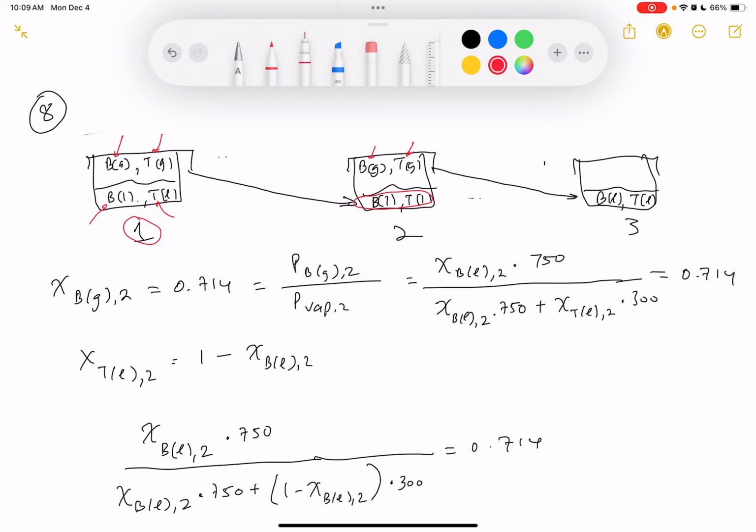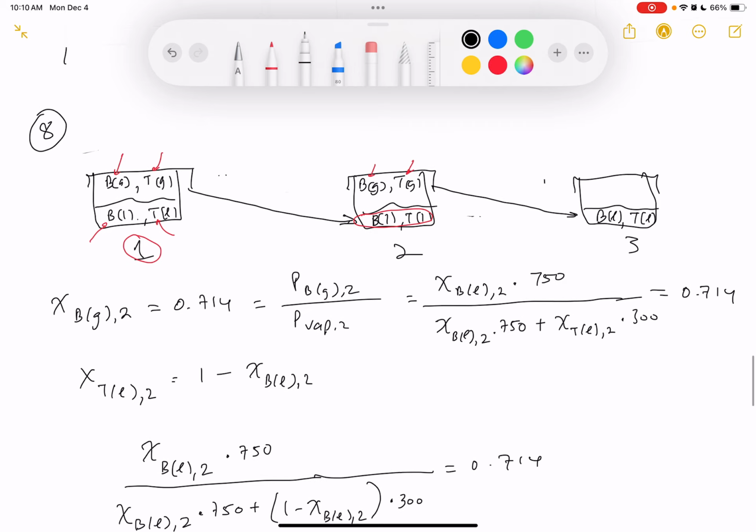But really, in solving the question, it's not that critical, because what they were telling us in the question is that the mole fraction of benzene in the gas in container number 2 is 0.714. That's what's given in the question. So it's really irrelevant what happens in container number 3. I'm just going to bypass that and focus on container 2 and container 1, because that's really how we can go ahead and solve the problem.